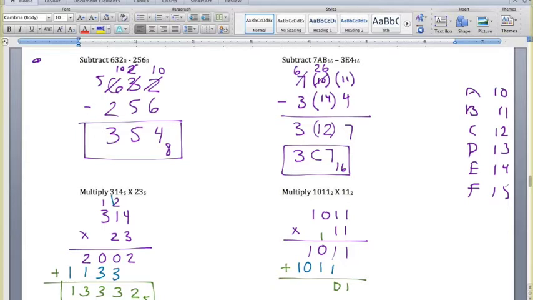And a 1 plus a 1 is 2. We can't write 2. 2 is 1, 0 with nothing left over. Again, 1 and 1 is 2, which is 1, 0 with nothing left over.